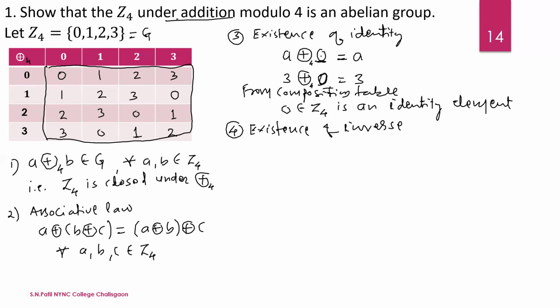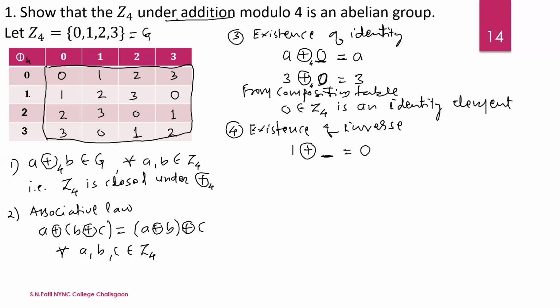Now here we know the identity element. Identity element is 0 here, and from the composition table, see here, if we consider 1 plus, now here we find this inverse is equal to identity element, that is the 0.